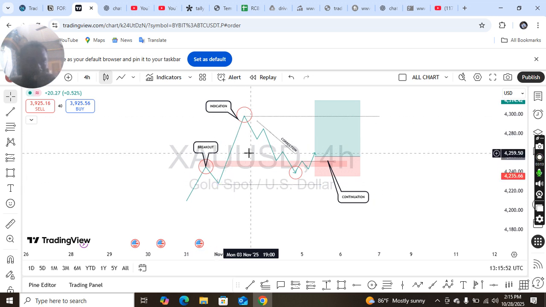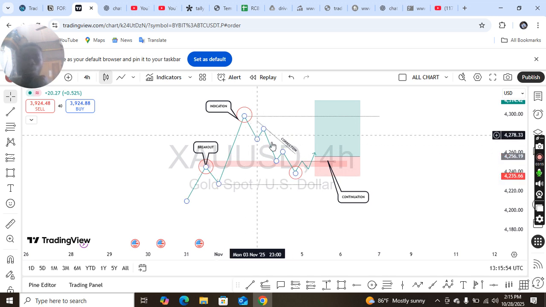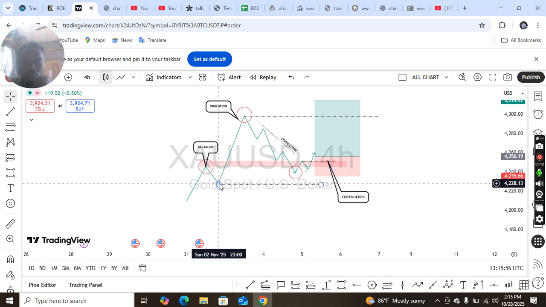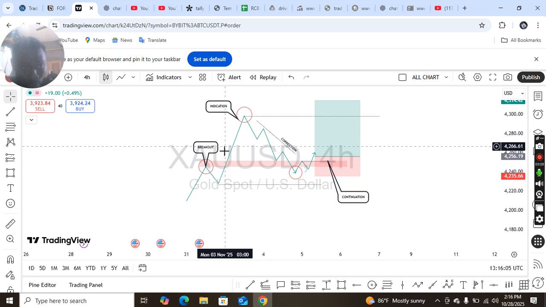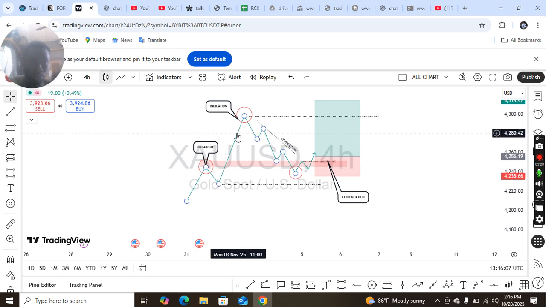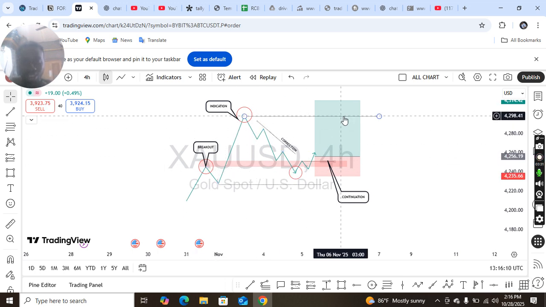Otherwise, it indicates that the trend has changed, right? So whatever price does, price must not go below this low, because this low is the invalidation low. It was the last low that broke the high. It was the last lower high that got printed, that broke structure, that forms the indication, right? And this indication is the target point.